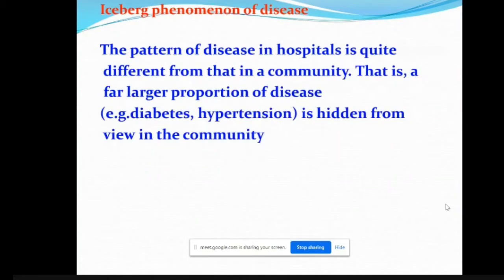First of all, before we talk about screening, I want you to have an idea about the concept of iceberg phenomena of disease. You know that distribution of disease in the community differs from that in a hospital.